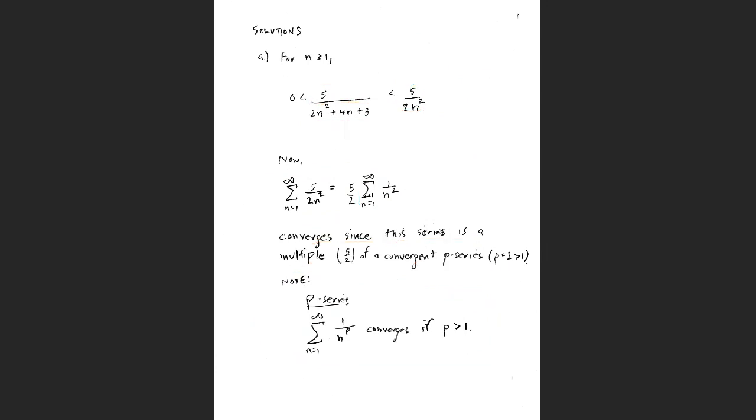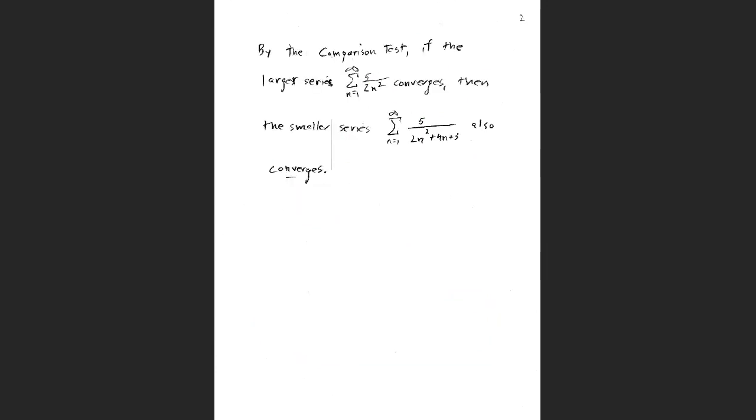Well, all right, so by the comparison test, if the larger series converges, and it does, the smaller series also converges. Because when we say the larger series converges, we're saying its sum is finite.